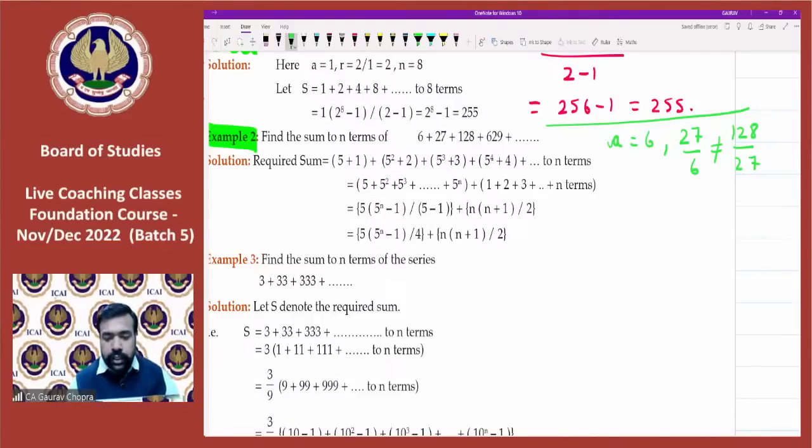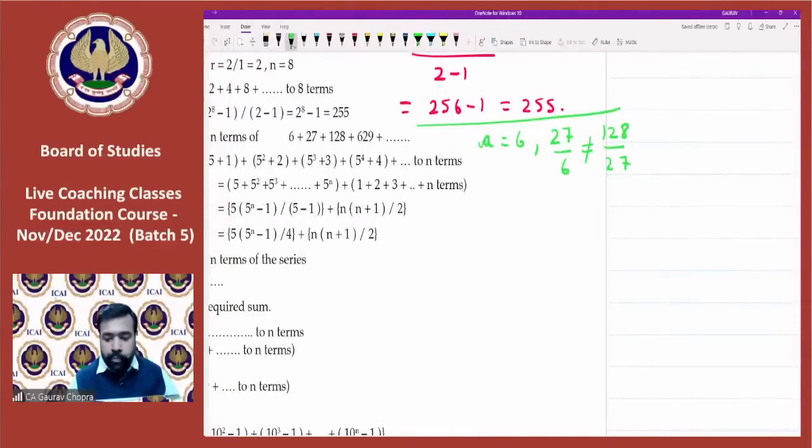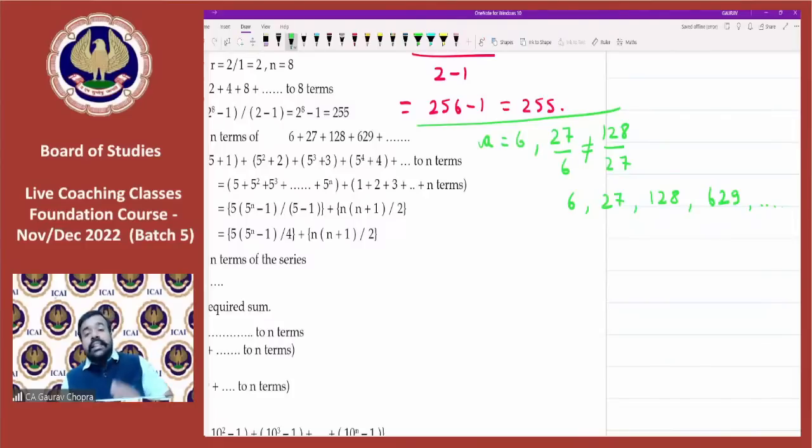The first figure is like 6, then 27, 128, 629, and so on. So if you carefully observe, all these values are near the powers of 5, because 5 to the power of 1 is 5 and the value is 6.